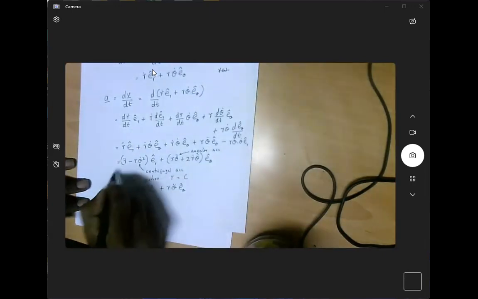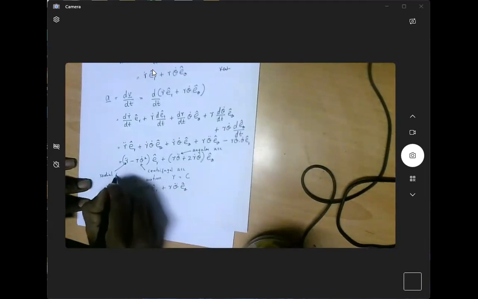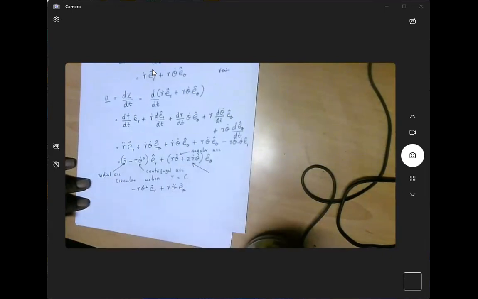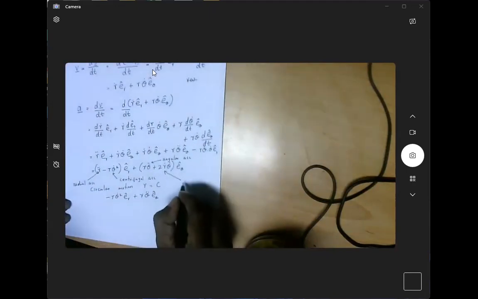And what is this term? r double dot is the radial acceleration. And what is this quantity? It is called Coriolis acceleration.